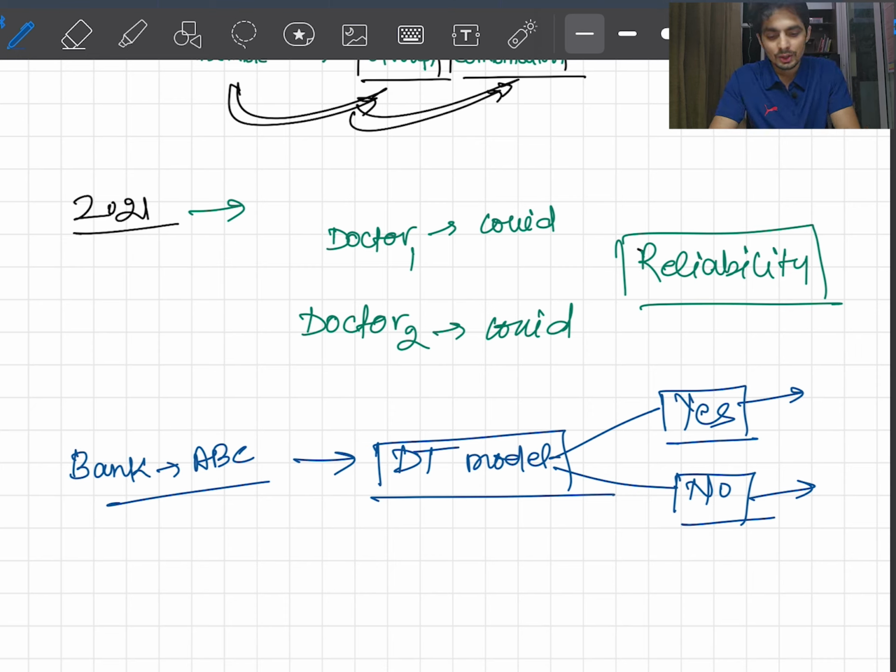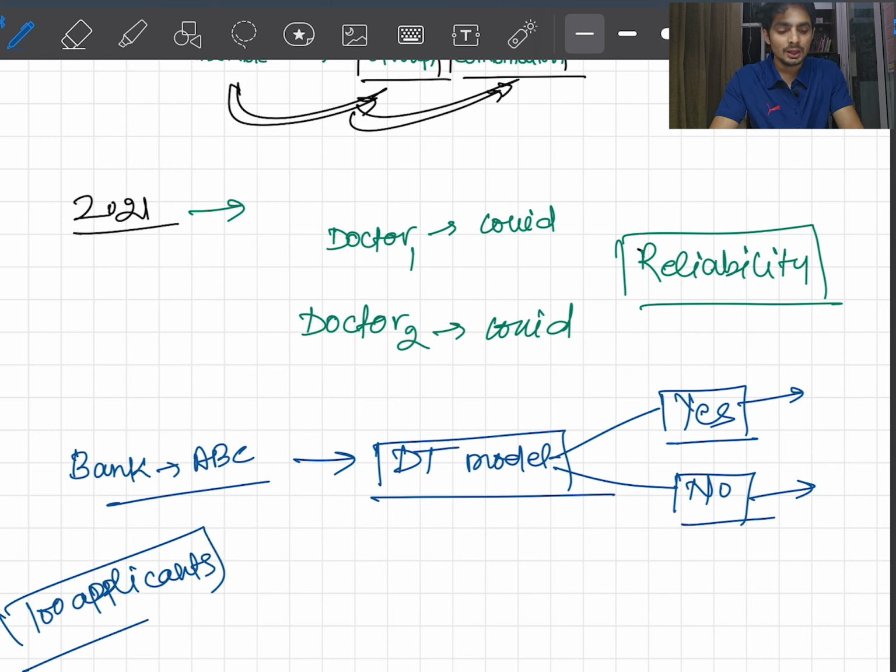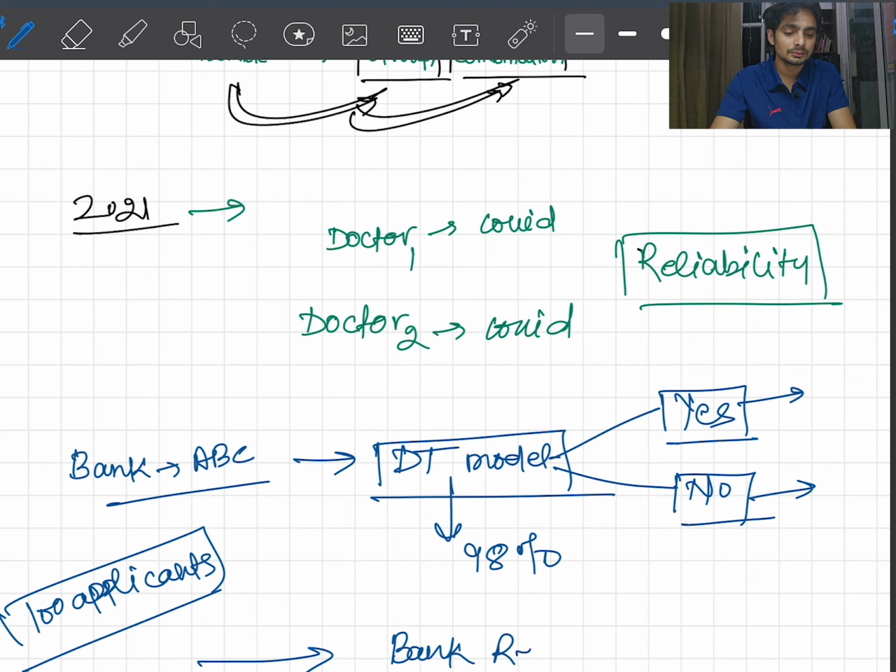Now suppose out of 100 applicants or customers, you are one among them, and assume this model has 98% accuracy. Assuming 98% accuracy, but still the model says the bank rejects your application, right? What are your next steps?